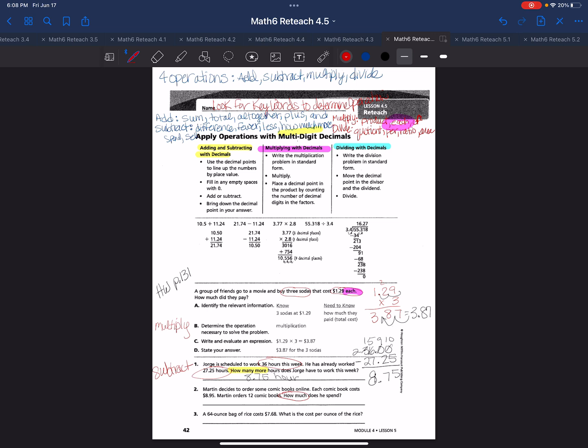So Martin decides to order, this is going to be multiply. Each comic book costs $8.95 and he orders 12. So they're $8.95 each comic book. So that's going to be multiplying.